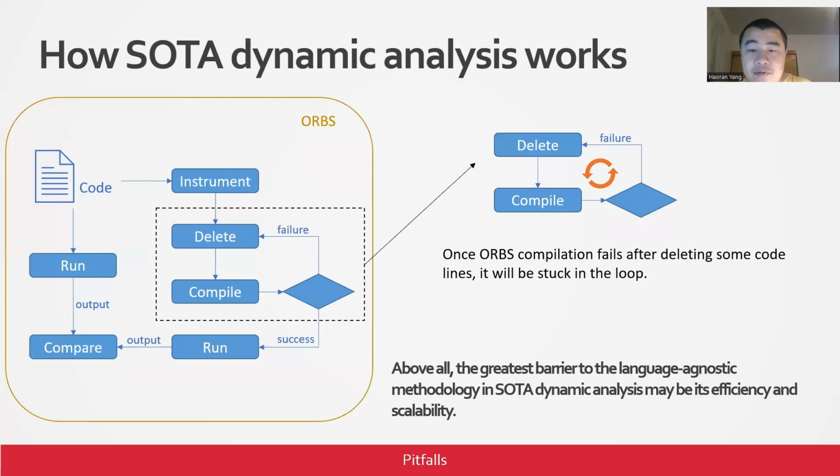If compilation fails, it will recover the deletion and try a new deletion. Otherwise, it runs the entire project to get the output, to compare with the output of running the original source code. We can see that there is a loop in this analysis.